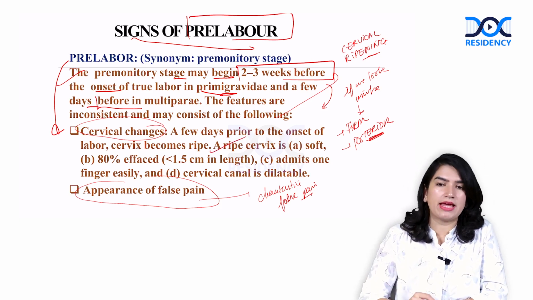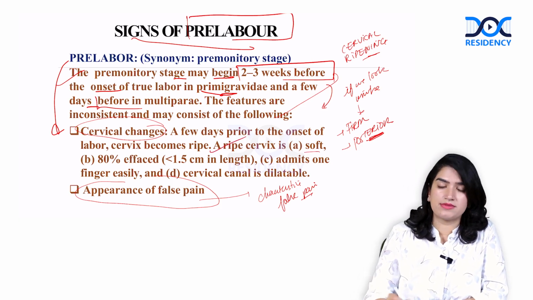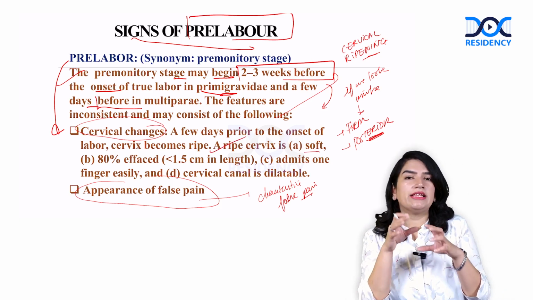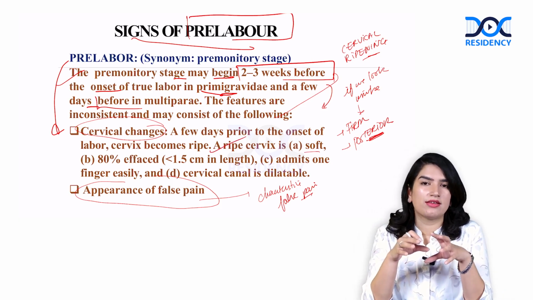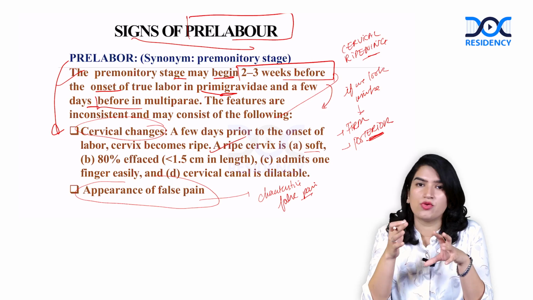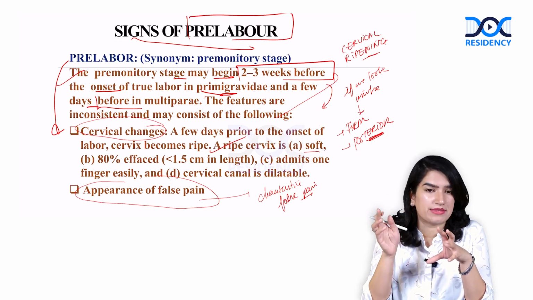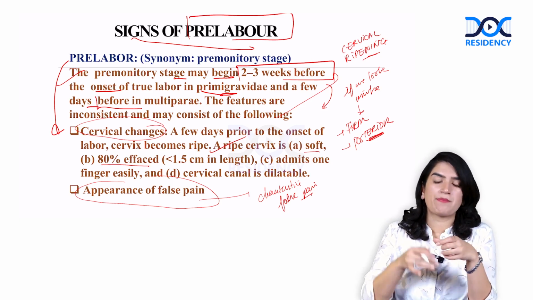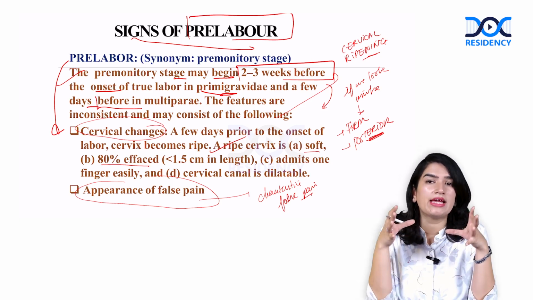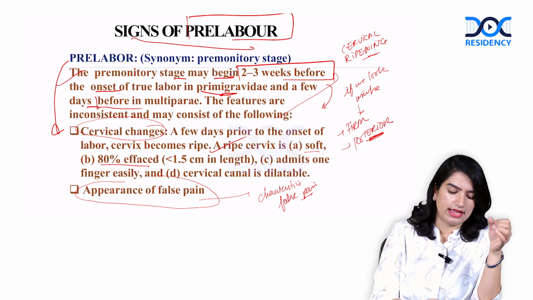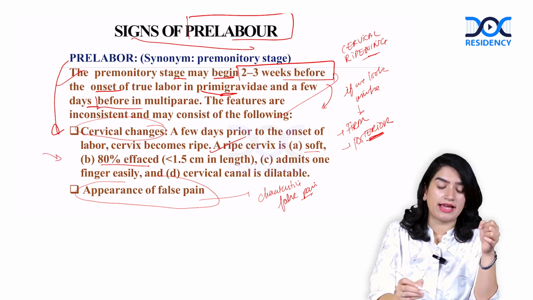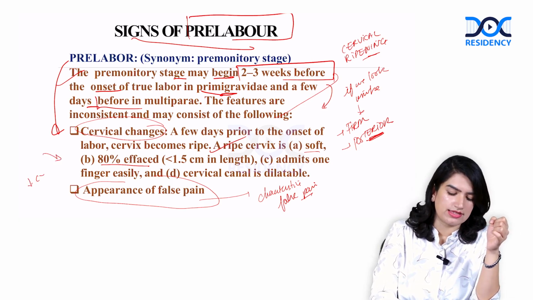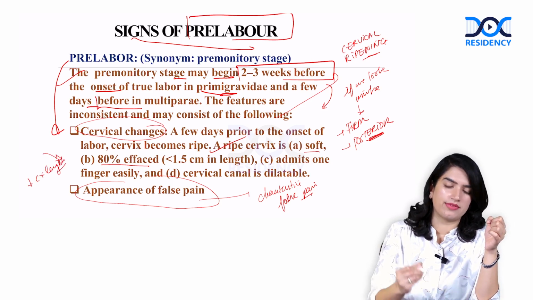Now, what do I mean by ripe cervix? It becomes soft and typically the consistency changes from being as firm as the nose to as soft as the lips. There is also an effacement in the cervix. That means there is taking up of the cervix, and this is manifested objectively as a decrease in the cervical length.